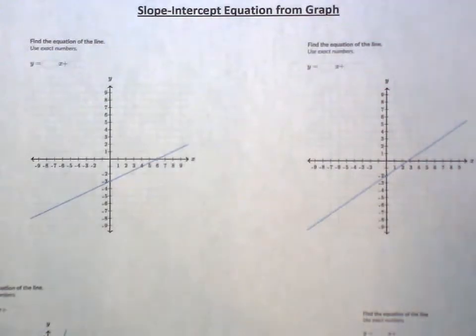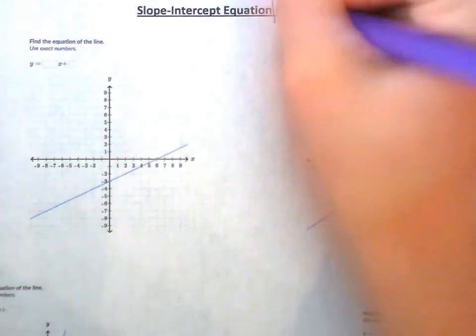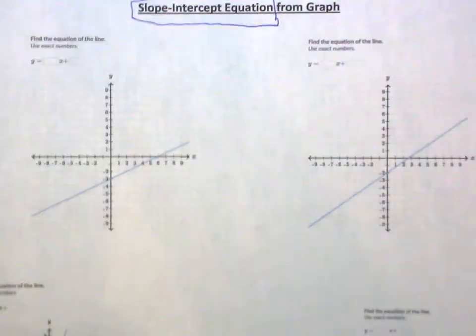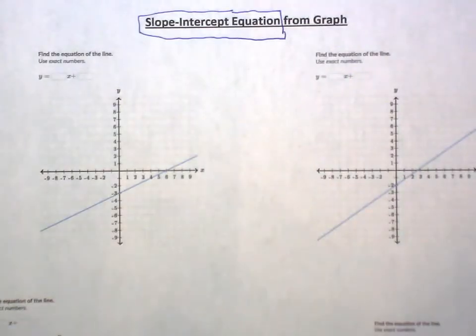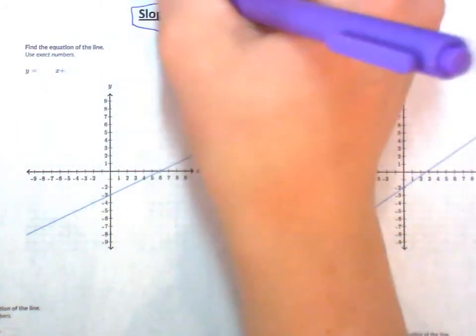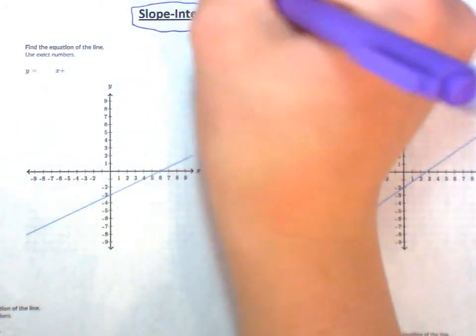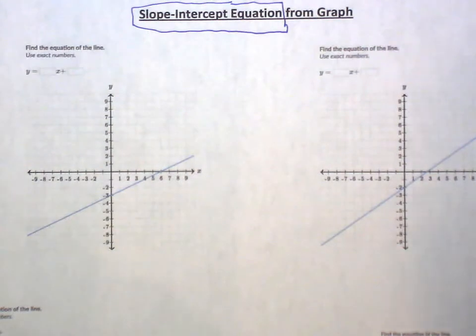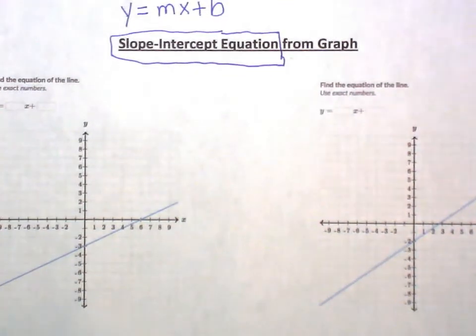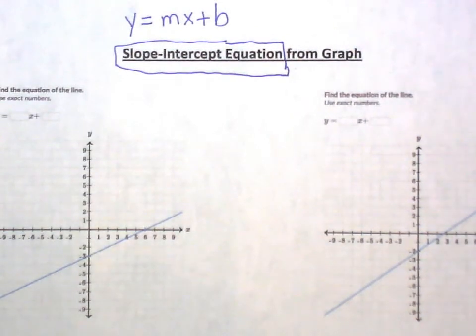So, slope-intercept equation from a graph. What is the slope-intercept equation that we have been practicing? It is y equals mx plus b, where x and y are just points that we plug in.